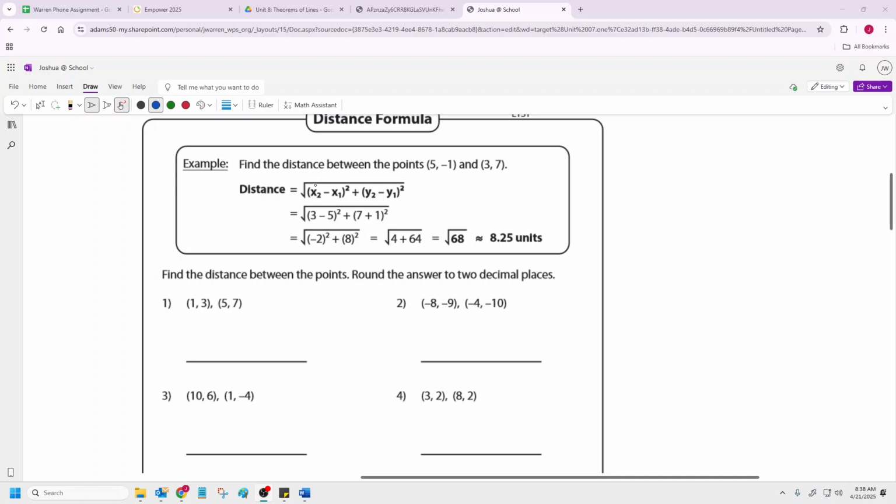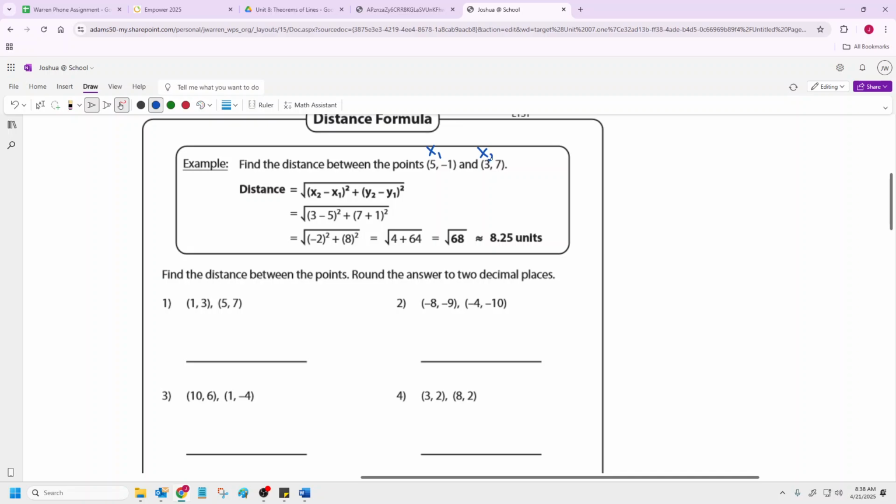It's the square root of, inside here we have our parentheses, of x2 minus x1 squaring that plus y2 minus y1 squaring that. At this point, your skills should be decent enough that this doesn't freak you out at all. Look at the example. I'm going to go ahead and I'm going to label. This first one is x1. This one right here, this one is x2.